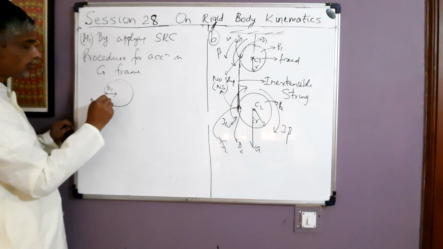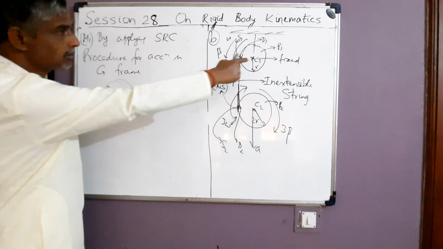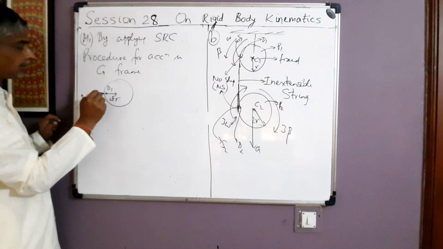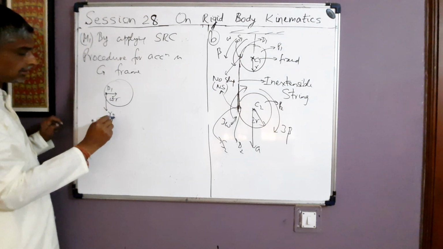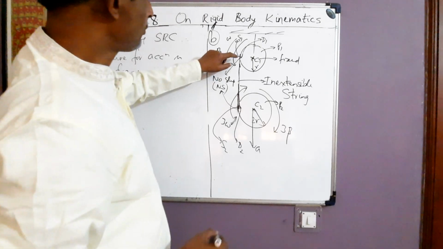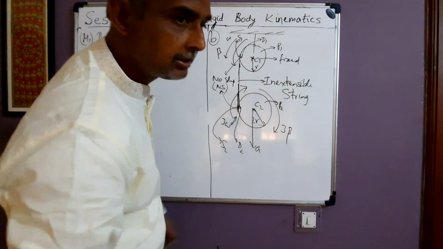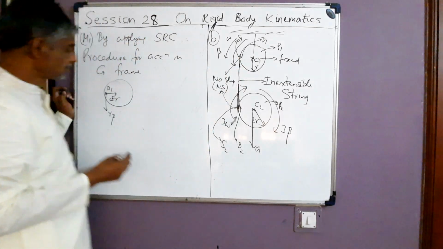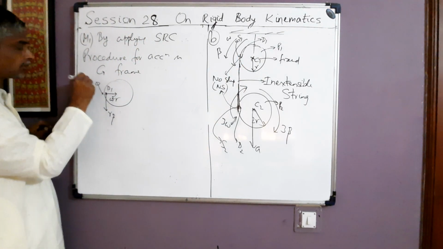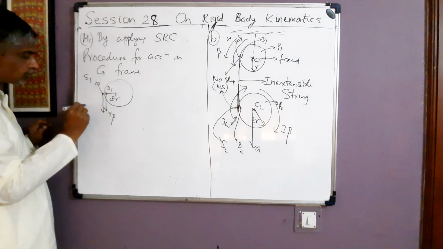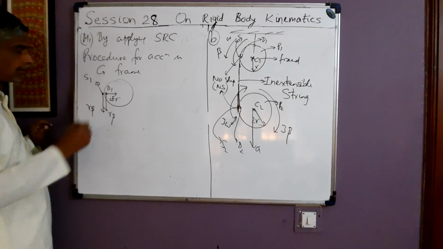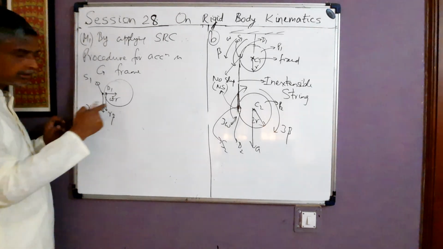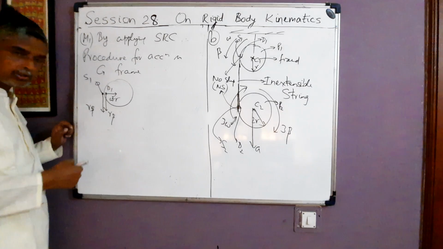An acceleration omega square R towards center C1 of the pulley P1 and downward acceleration R beta. And here the string and pulley there is no slip. So acceleration of this point S1 of the string in tangent plane will also be R beta, because of no slip condition.